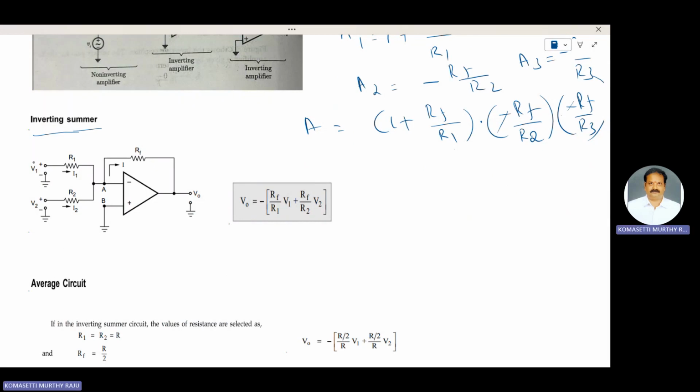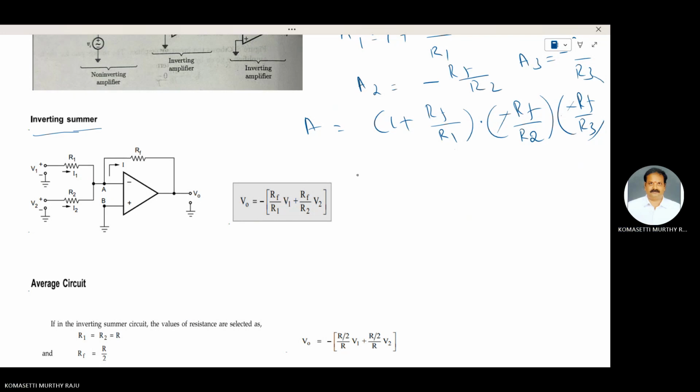V1 and V2, these are the two voltages applied to the inverting terminal, that means the minus sign of the op amp. And we know the individual gains: V naught by V1 is equal to minus RF by R1, V naught by V2 is equal to minus RF by R2.